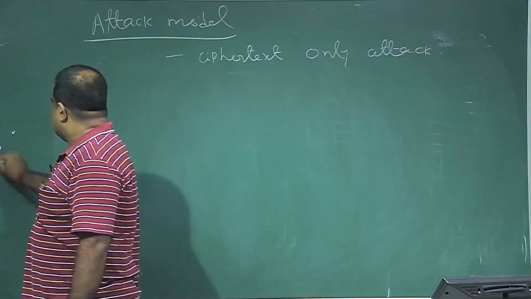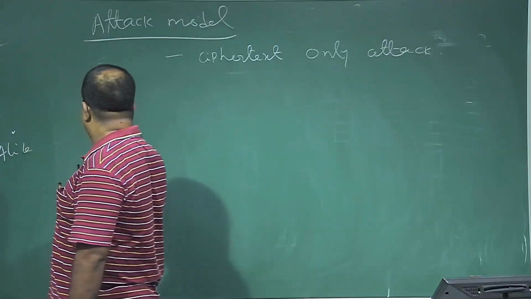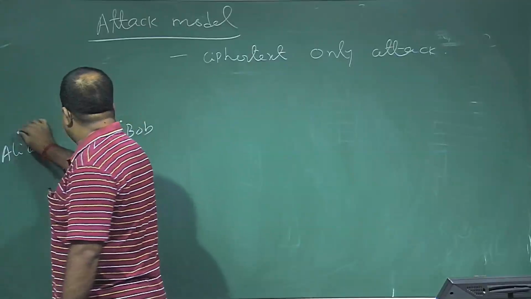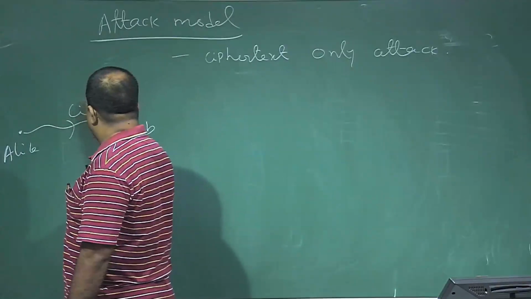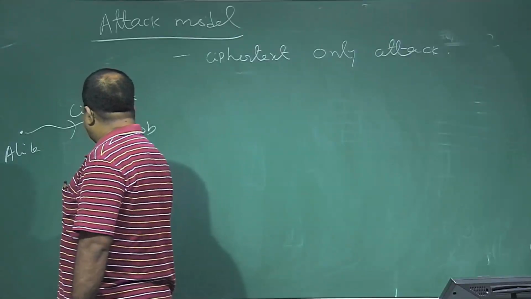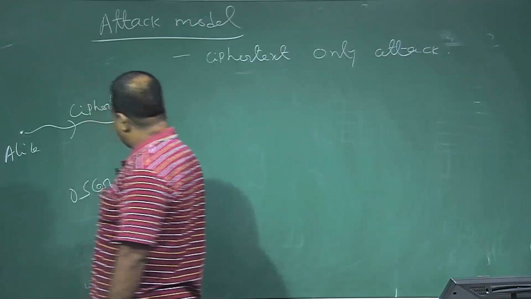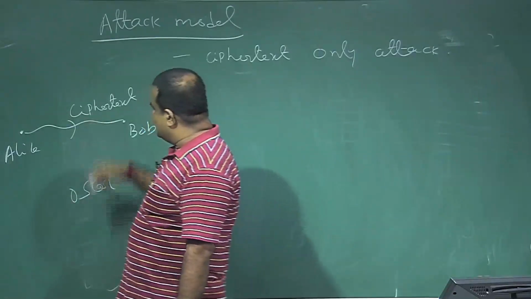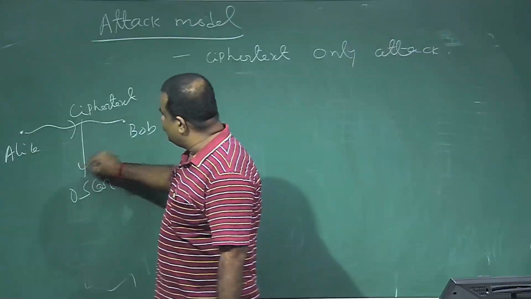So, the point is Alice and Bob are communicating with each other and the ciphertexts are placed into the public channel, and Oscar, the attacker, is sitting here and Oscar has full control on this channel.